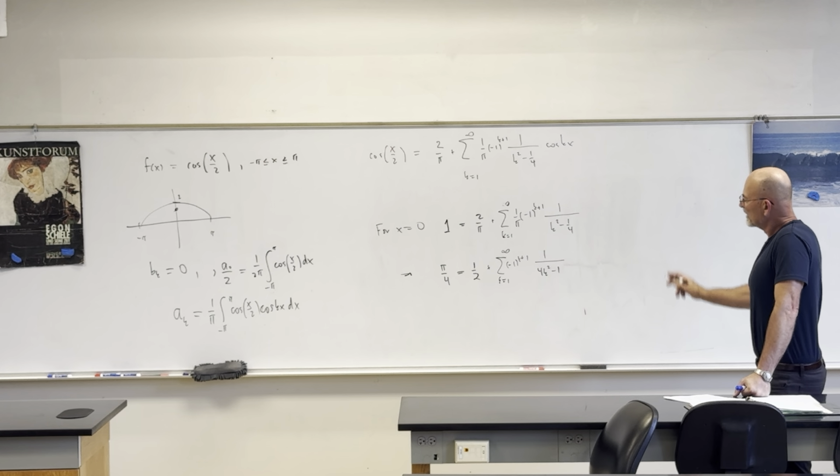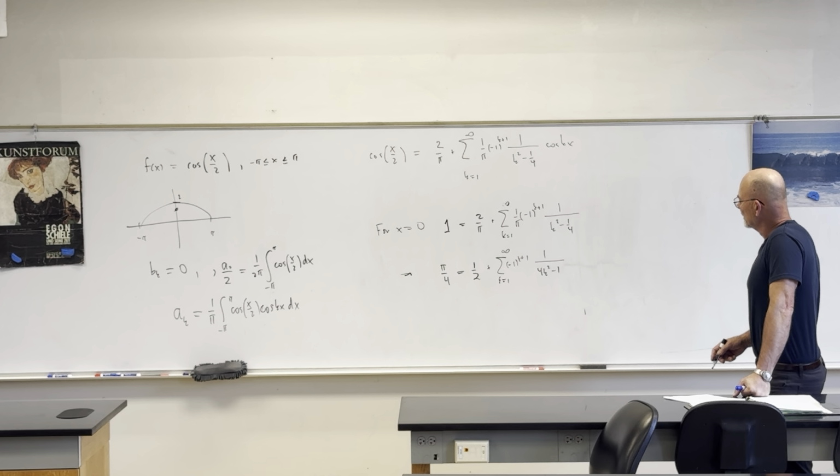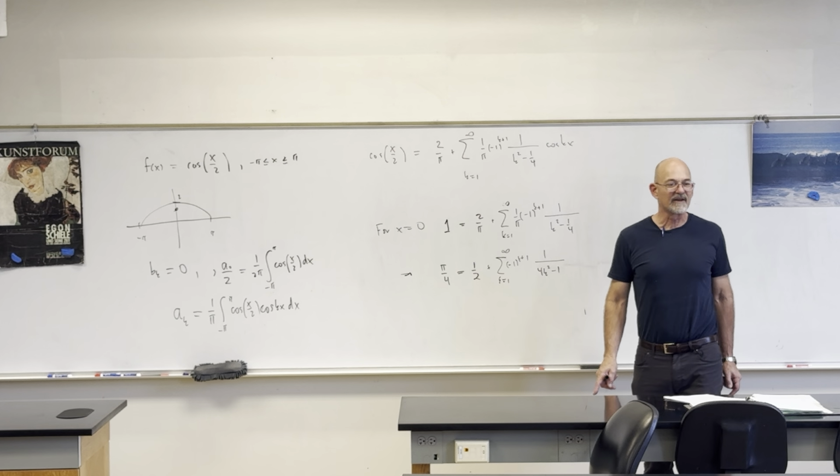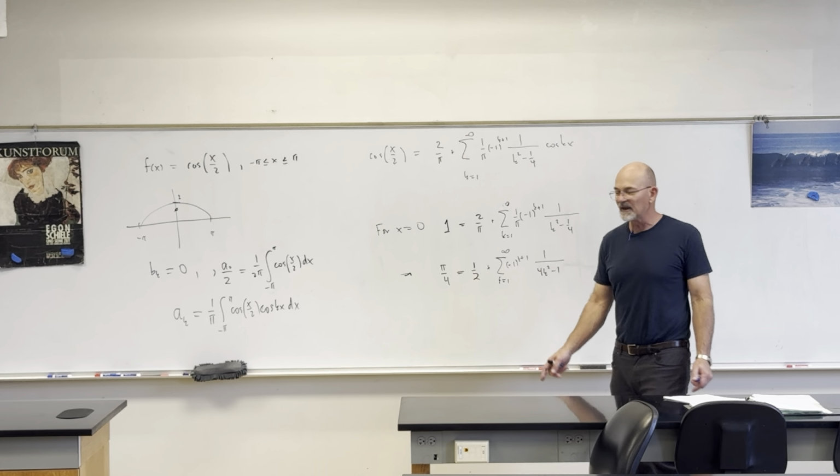And they're a little awkward, but if you could add like 4, 5, or 6 of these and compare it to the actual pi over 4, that would be interesting.